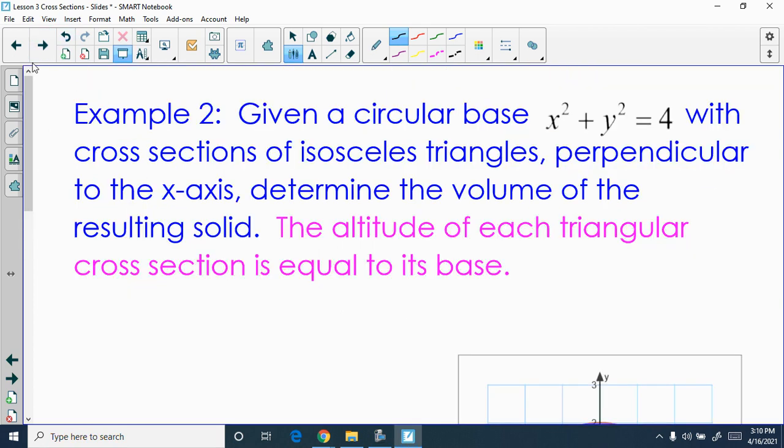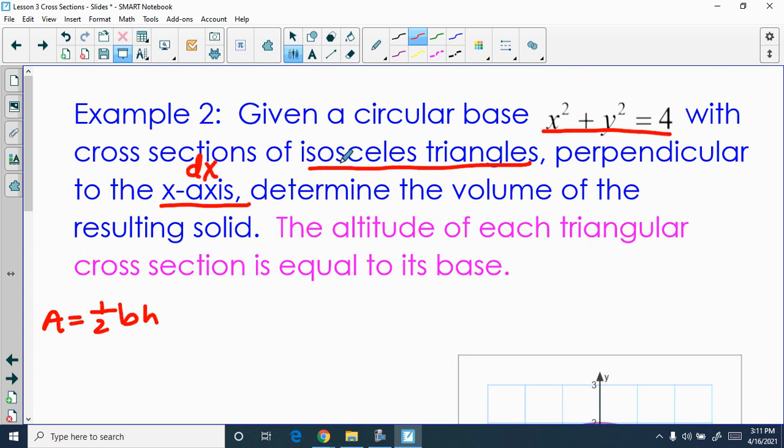For our second example, we've still got that same circular base, but this time our cross sections are isosceles triangles. So an area of a triangle is 1/2 base times height. And we're doing perpendicular to the x-axis, which is dx.